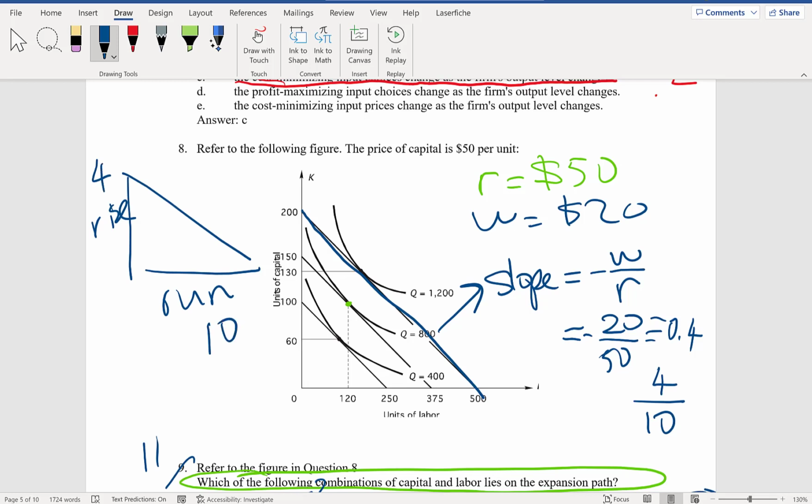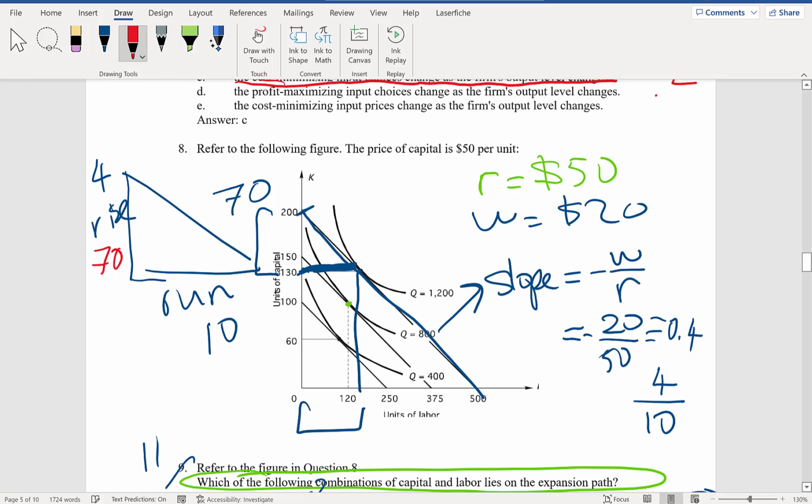I know it's a little bit convoluted, but let's try if it works. From 130 to 200 is 70 units. So I can technically find from the origin to here, which is the run part. I'm using a very shortcut technique. You don't have to, just follow the formula. If 4 rise, 10 run, and this is 70 in rise, what is this?